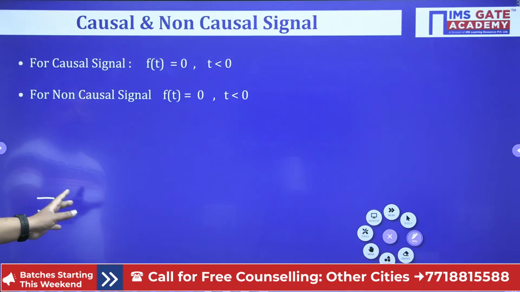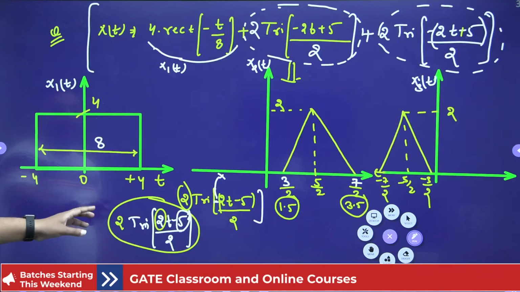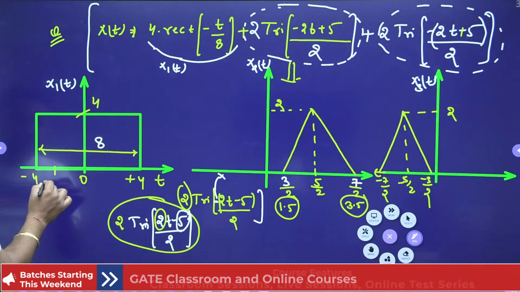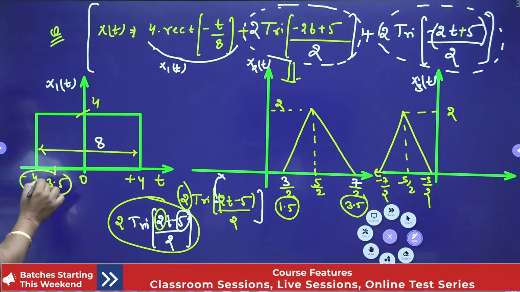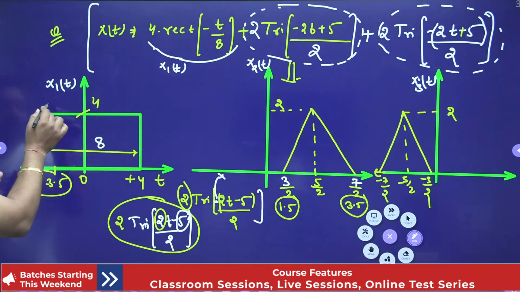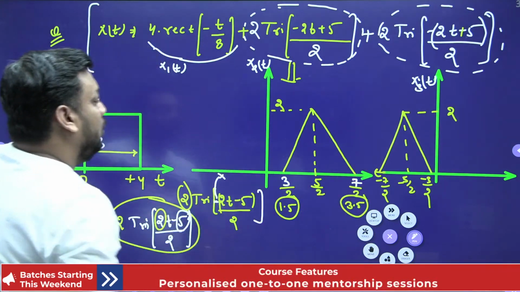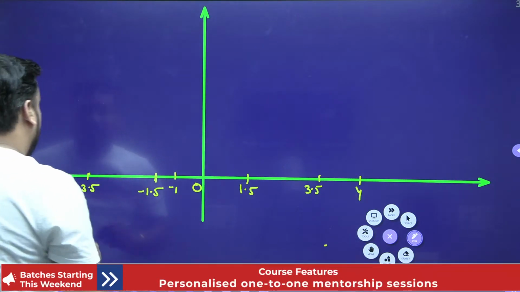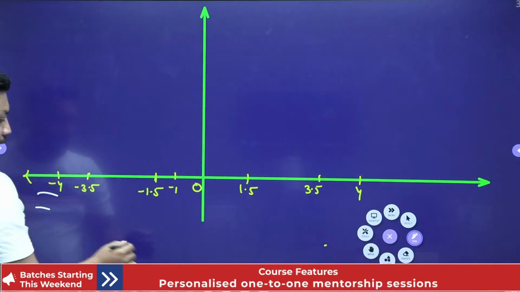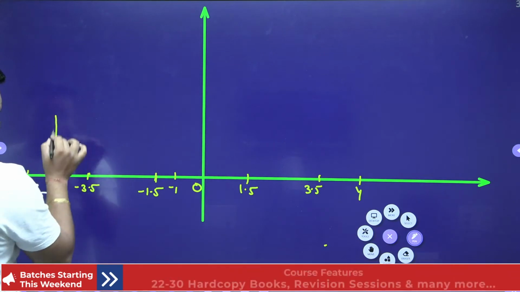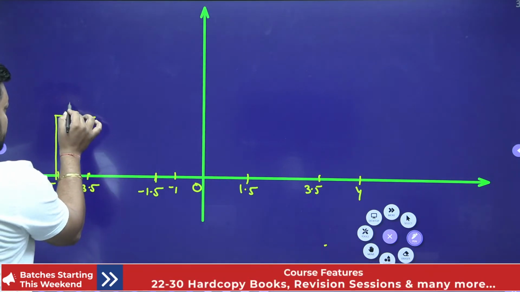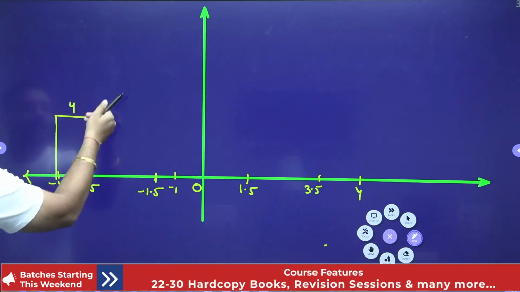So you will see, sir, between -4 to -3.5, here we only have magnitude 4, here is 0, and here is also 0. It means the signal will carry only a value of 4, a rectangular pulse of value 4.